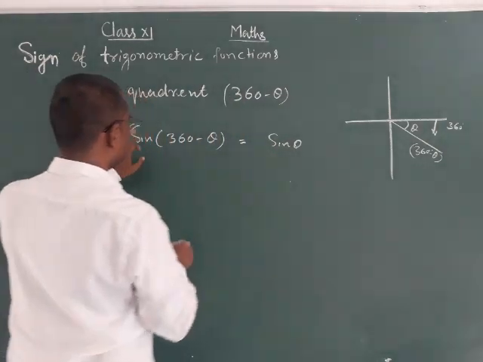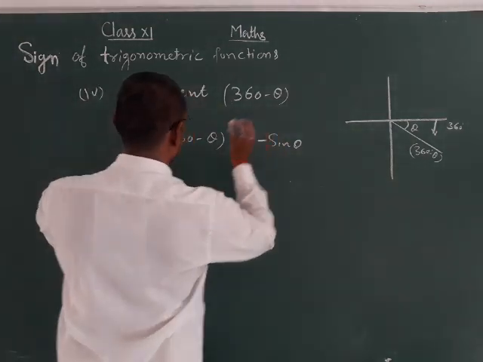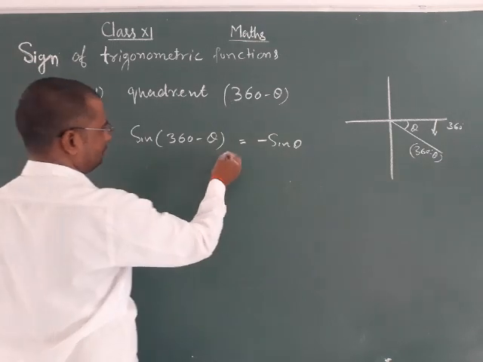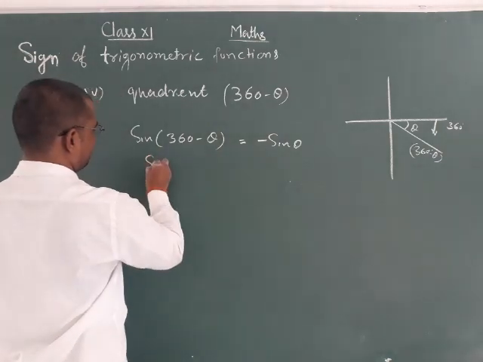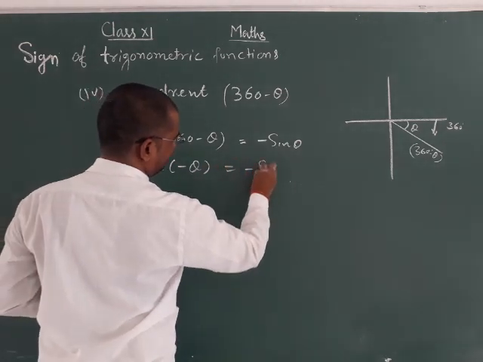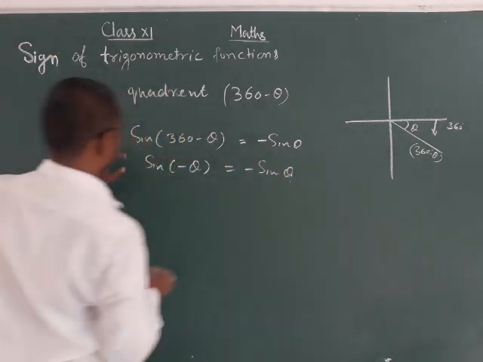In the fourth quadrant the value of sin is negative, and this can also be written as sin(minus theta) is equal to minus sin theta.